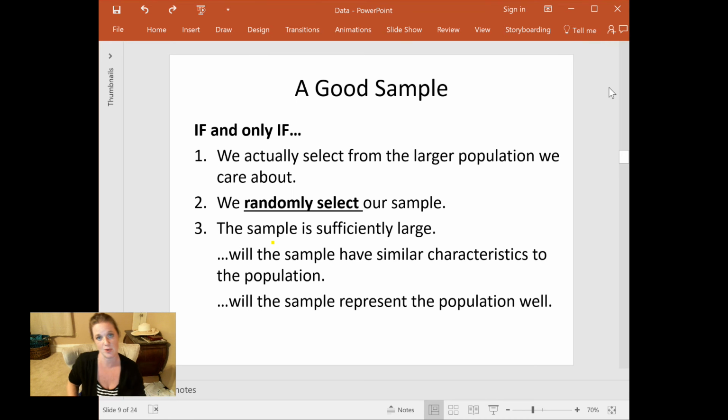So let me give you an example. Let's say I'm trying to figure out about the overall health of U.S. football players, right? And I'm just curious if football players are a healthy group of athletes.